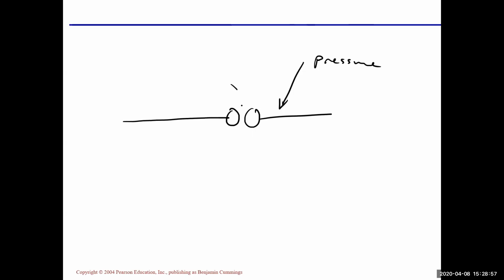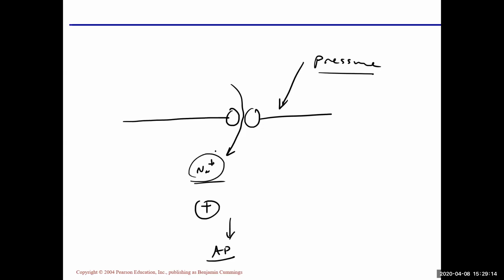As it gets open, let's say sodium can go in and cause the depolarization, and that's firing the action potential. And now you touch something. So sometimes pressure causes this pressure-sensitive channel to open up, and then permeability for the ions can change, all right? A lot of times the touch receptors act this way as well.